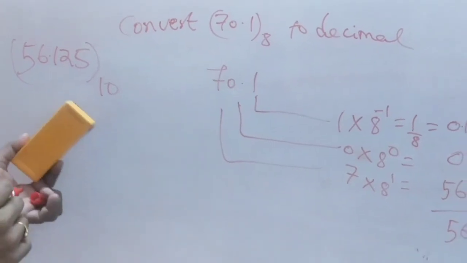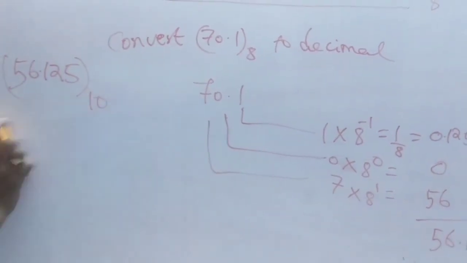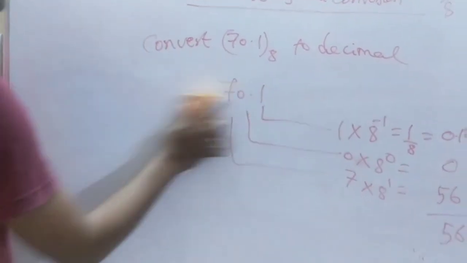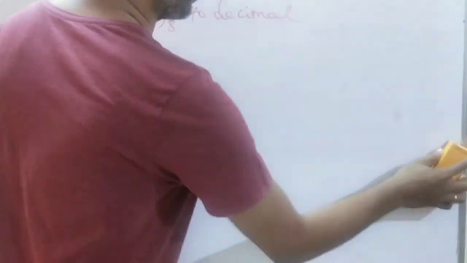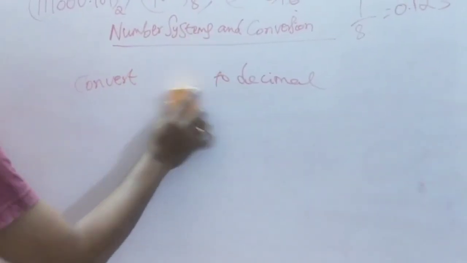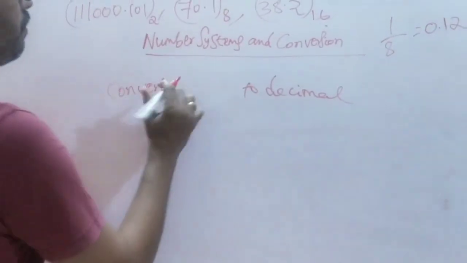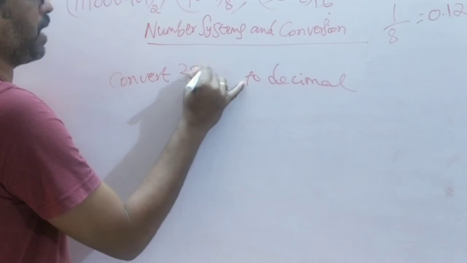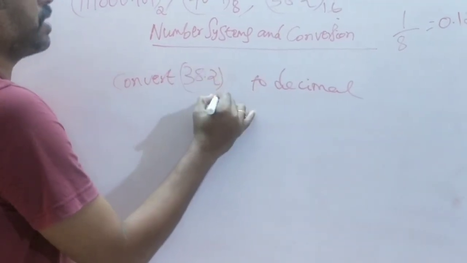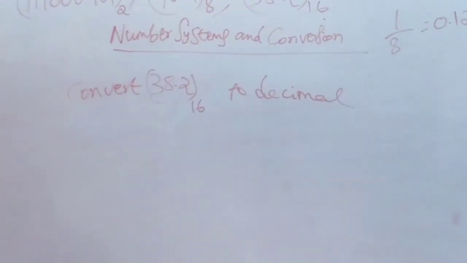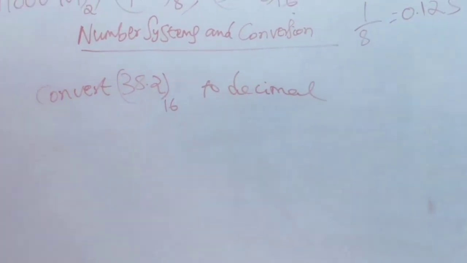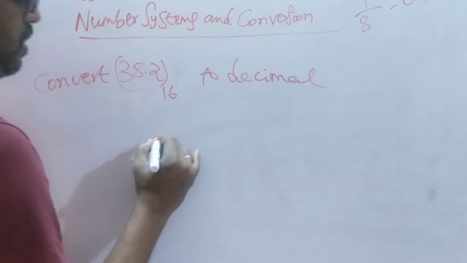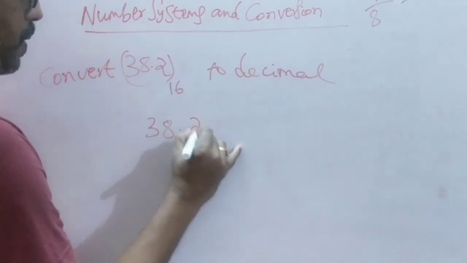Then now we will take the hexadecimal number. The procedure is very simple. If it is a hexadecimal number, what we need to do? We need to multiply each hexadecimal digit by integral power of 16 and form the sum. That sum will give the desired result. So 38.2.